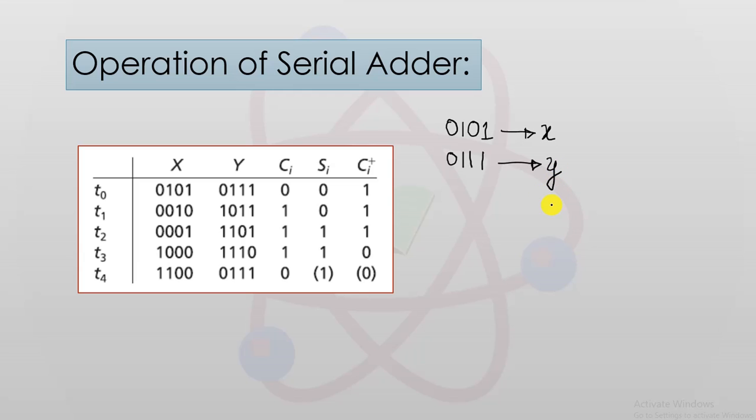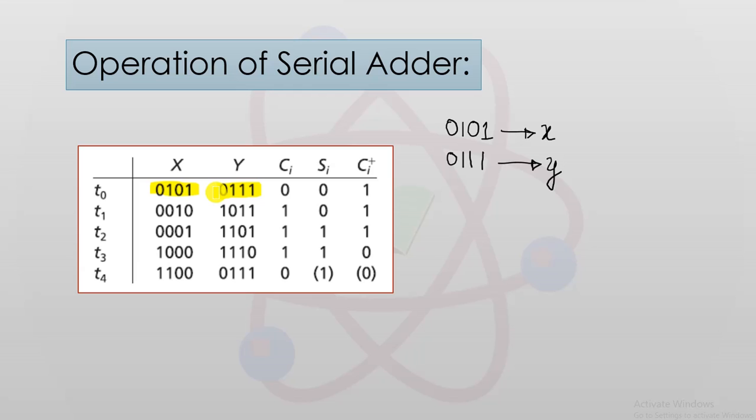So at the time t0, as you can observe from this particular table, all the contents will be pushed into the accumulator when SH is equal to 1, that is 0 1 0 1 will appear in the accumulator, and you can see that Y will be equal to 0 1 1 1 when SH is equal to 1 in the addend register.